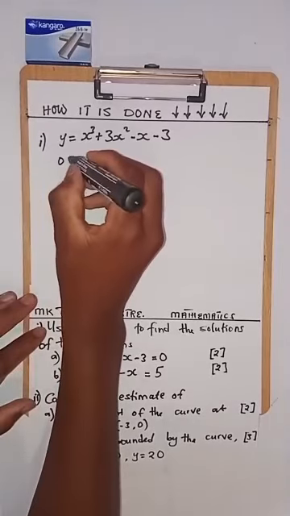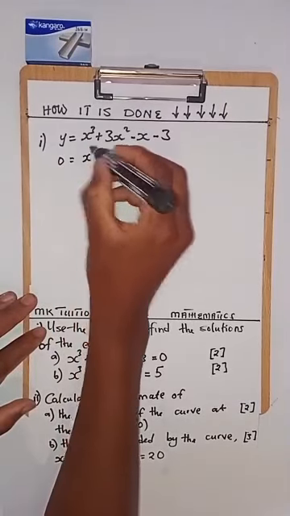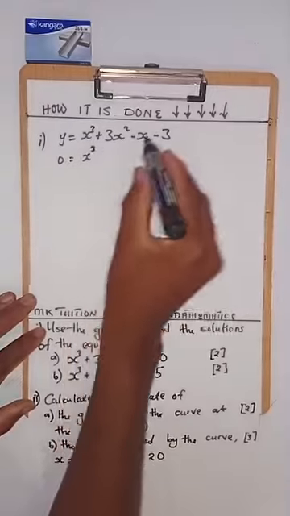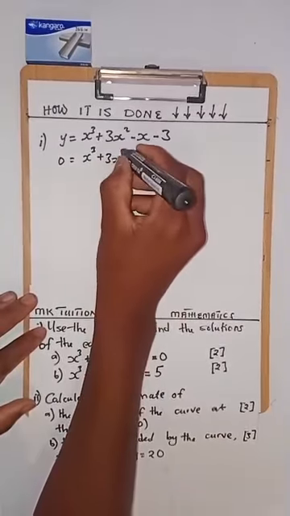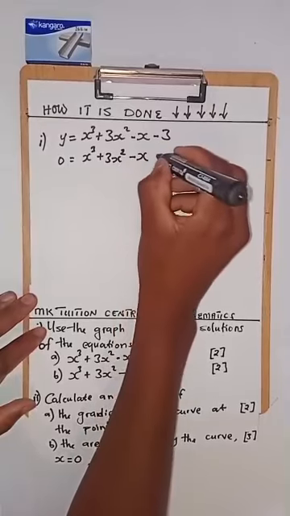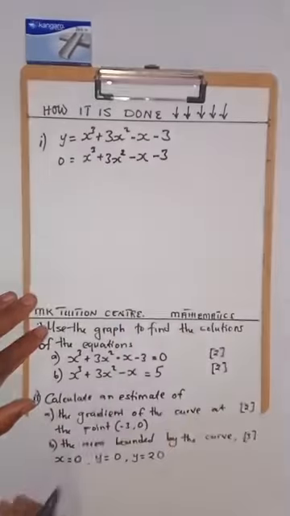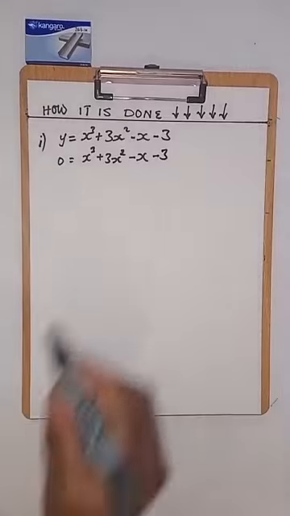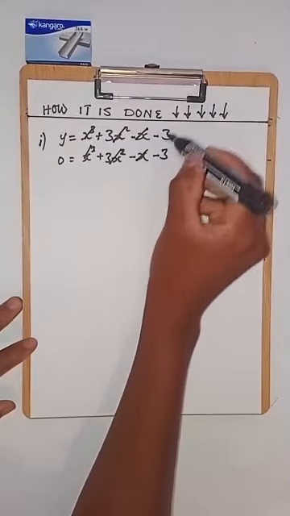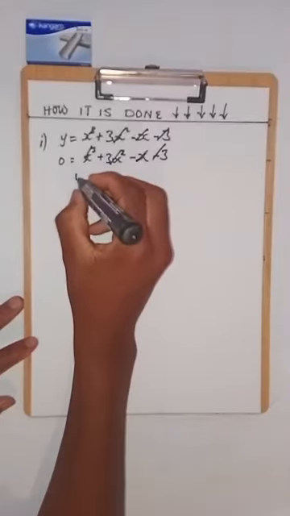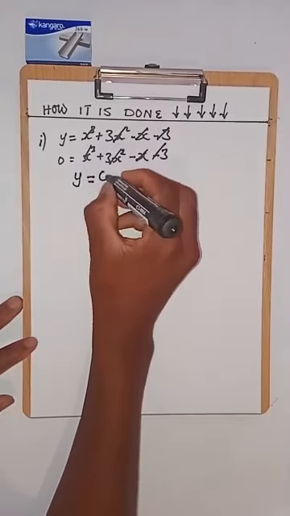So we're going to have 0 equals x to the power 3. So if you can see, they are just the same. So we are going to cancel. So these will cancel, even these they'll cancel. Therefore, y is equal to 0.